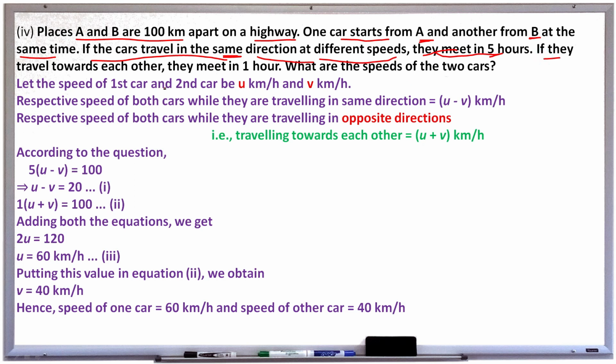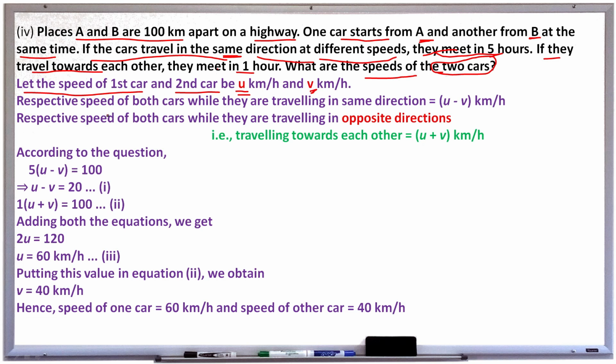If they travel towards each other, they meet in 1 hour. What are the speeds of the two cars? We want the speed of car 1 and car 2. Let the speed of the first car be u, and the second car be v.